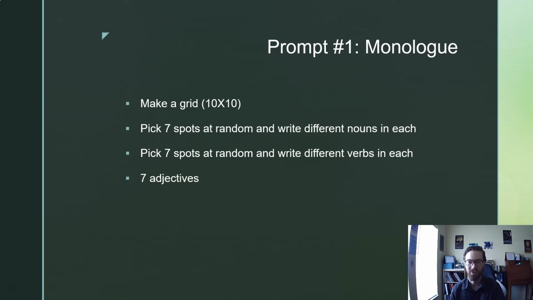next, we'll do adjectives. The same thing. Pick 7 different adjectives, put them in 7 spaces scattered throughout your grid. Adjectives are your descriptive words, so shiny, diminutive, gigantic, those sorts of things.